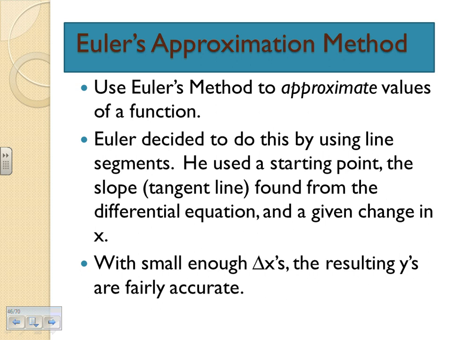What's that change of x? Yeah, 1/2 or 0.5. So then we can stick in our previous y, find the slope evaluated at the point, and use 0.5 for our change of x. Does that make sense?